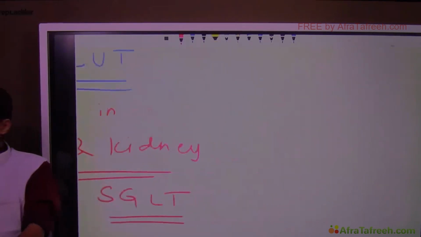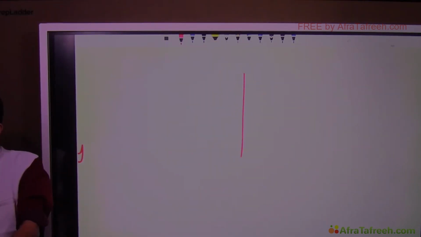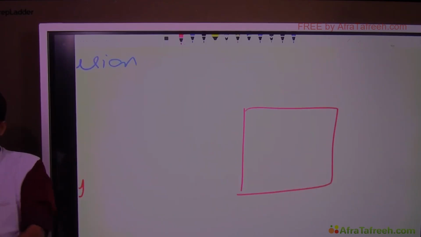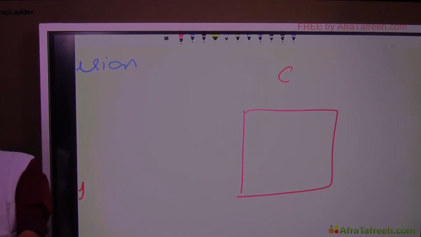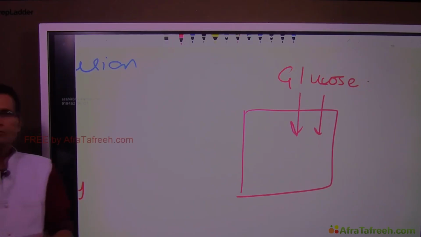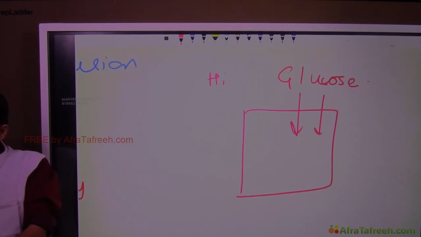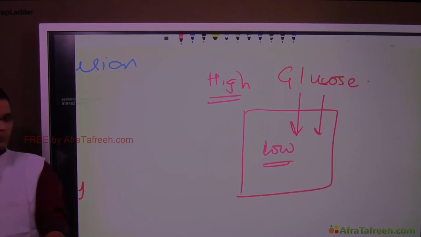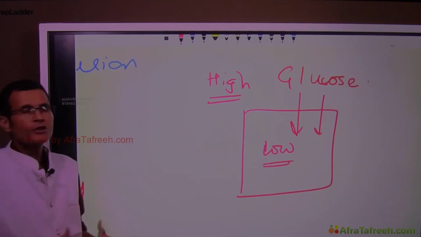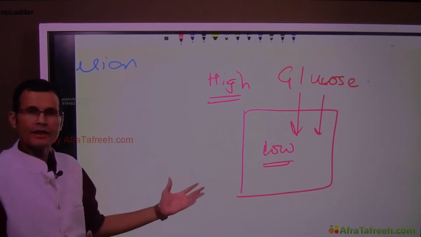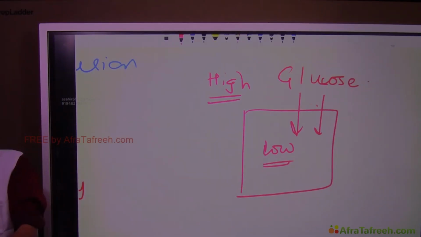The answer is simple. In the case of all other cells of the body, when glucose is entering the cell from the blood, it is going high to low concentration. And therefore, it's going to be a diffusion, facilitated diffusion, I mean to say. So, it will use GLUTs.